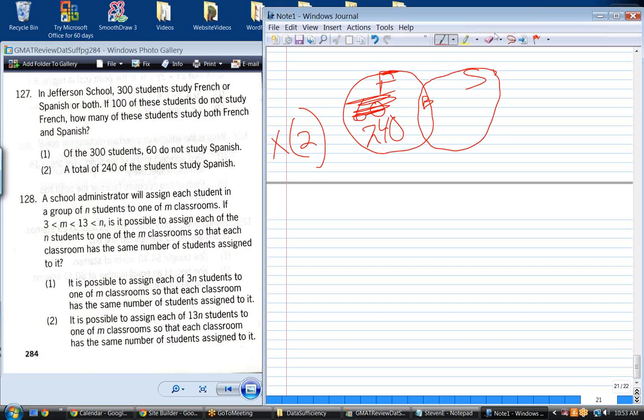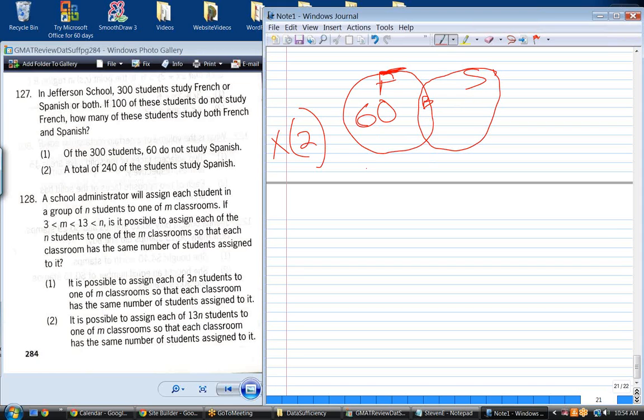Excuse me. That tells me that 1 alone, 60 do not study Spanish. The only possibility is that 60 is F, because anybody that's in B or S studies Spanish.